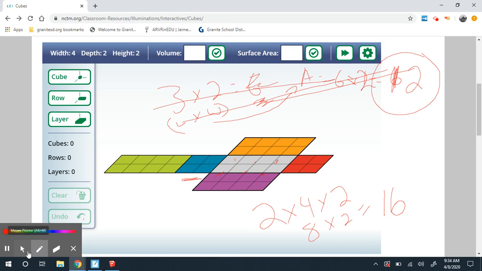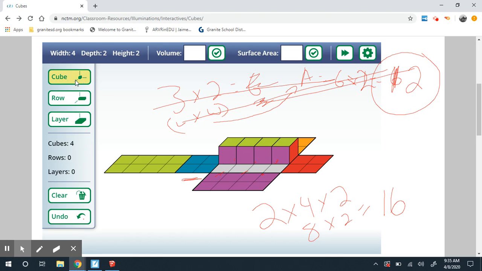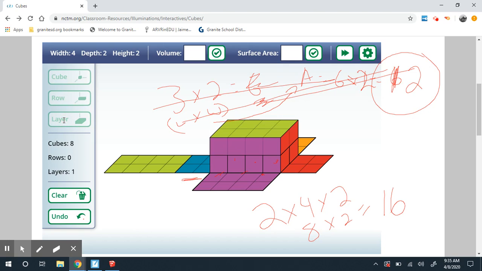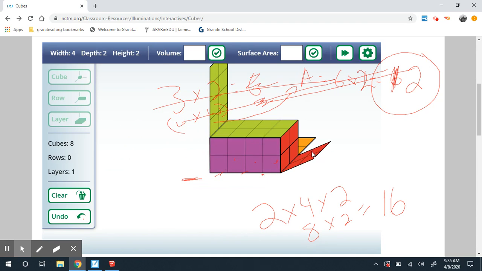And if we take this and fill in each cube, 1, 2, 3, 4, 5, 6, 7, 8, remember, 8 units on the bottom. And then we have 2 different layers, so we get 16 total units. 8 plus 8 is, in fact, 16. And if we take it and close it up, it closes up nicely.